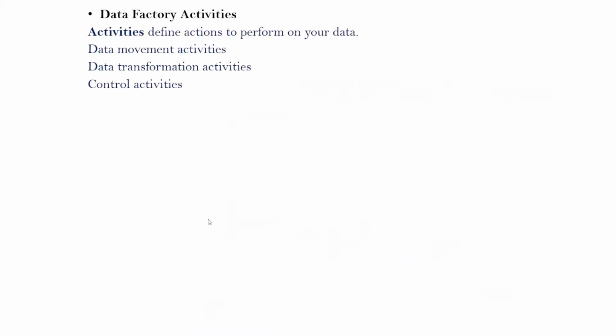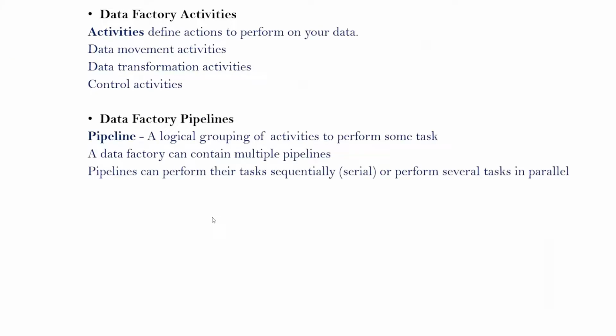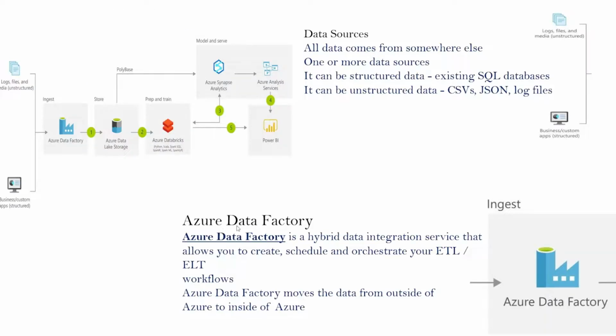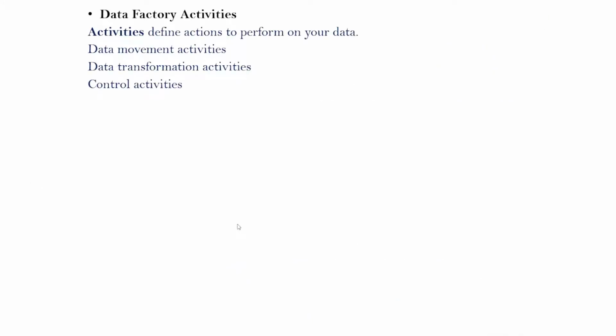Let's discuss a little more here. Data factory activities. Activities define actions to perform on your data, like the transformation we talked about earlier. Let's say the source stores the name filled in two different columns, first name and last name, but we need to store it as a full name.